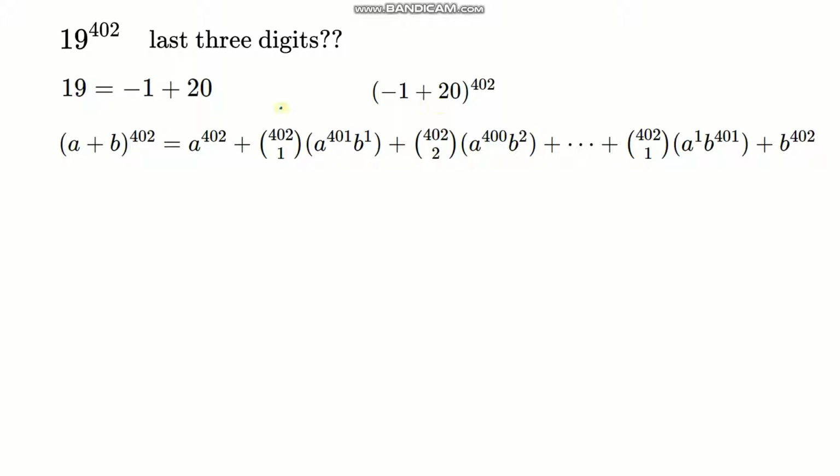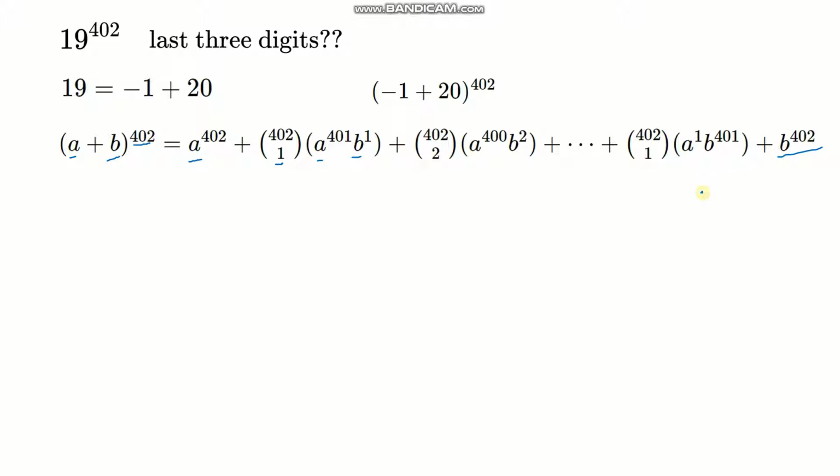If you remember your binomial expansion, let's say we have a plus b raised to the power of 402, the same as a to the 402 plus the combination 402 taken 1 times a to the 401 times b to the 1, and so on and so forth until b to the 402.